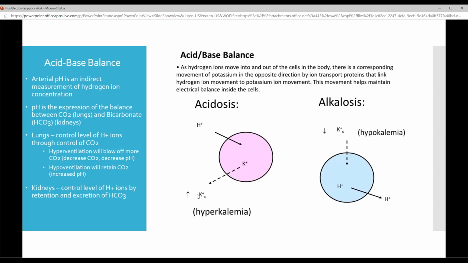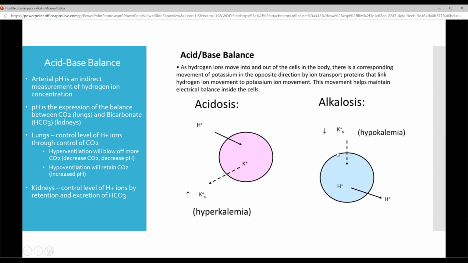Vice versa, with hyperkalemia, hydrogen may move out of the cells in exchange for potassium to lower the potassium, but in exchange, it's going to cause what? Acidosis, right? And now hypokalemia.